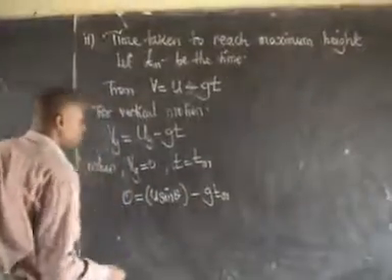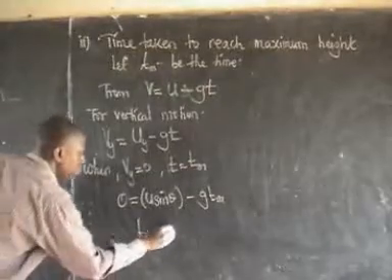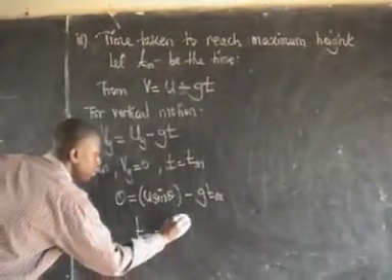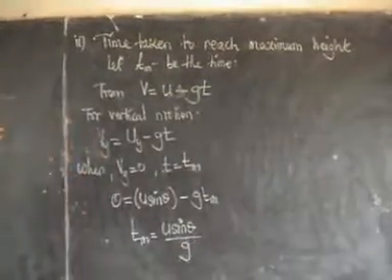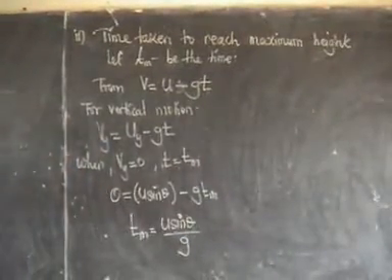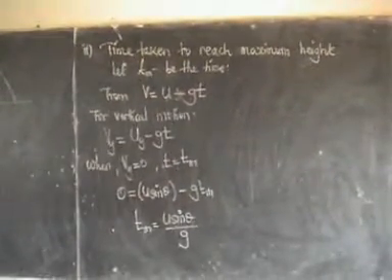So making tm the subject, we shall get tm is equal to u sin theta divided by g. So that is the expression for the time taken to reach maximum height.